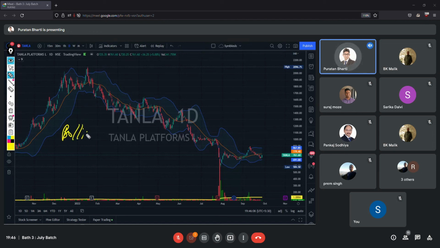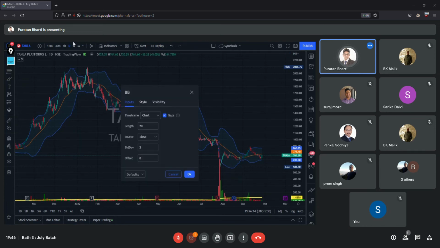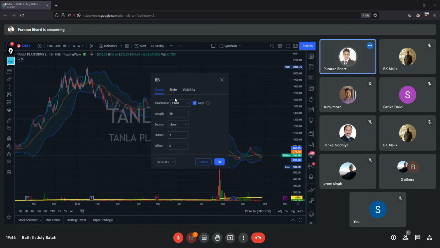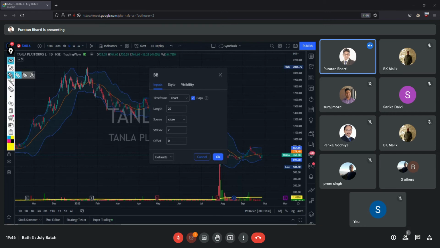So what is Bollinger Band all about? Before I introduce Bollinger Band to you, I am going to click on the Bollinger Band setting and help you understand what it is about. It plots the SMA, which is the simple moving average of the stock, over a 20-day period.